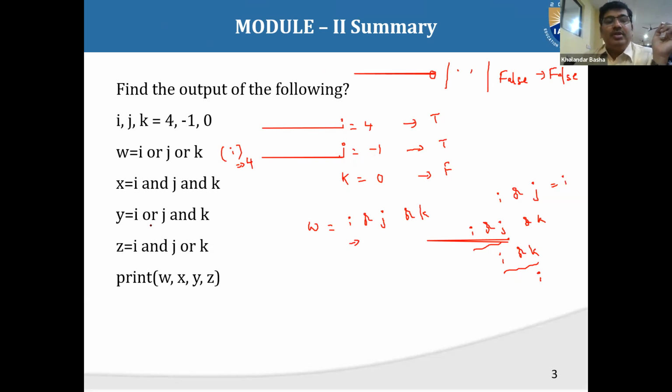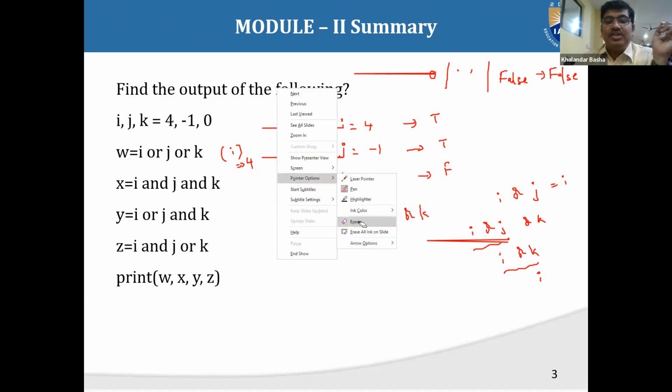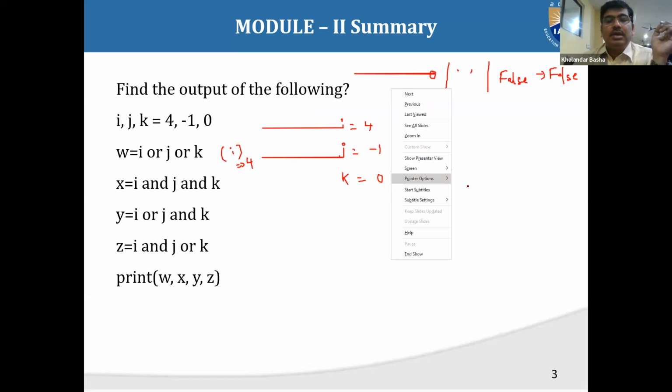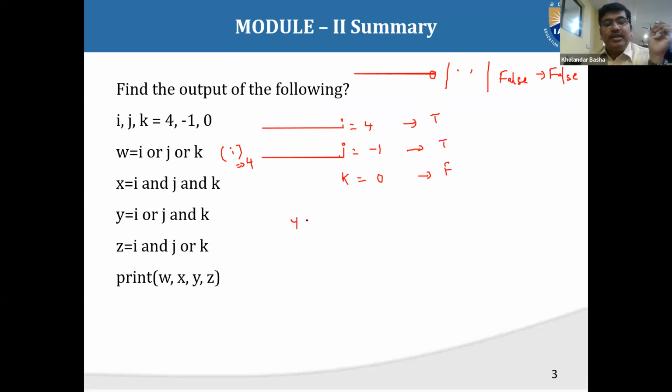Now we will move to Y. So what is the Y logic? The next one we are having is Y. For evaluating Y, Y is equivalent to i ORed with j and with, sorry, X, right?